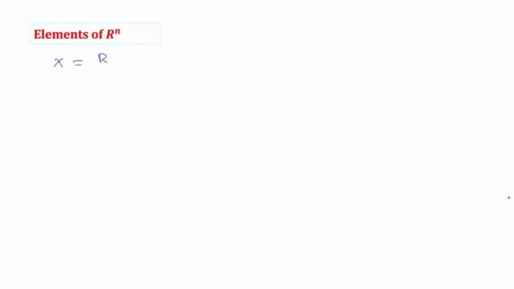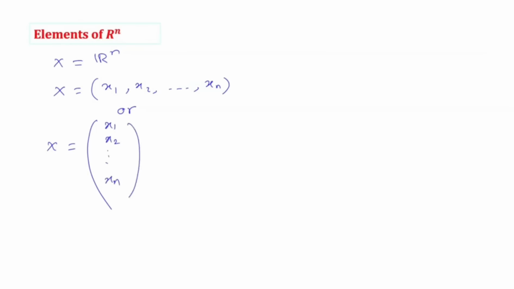Let x be a member of Rn, then x can be written as (x1, x2, and so on up to xn), that is n entries. In some cases we also write it as a column vector, x1, x2, up to xn in a single column.